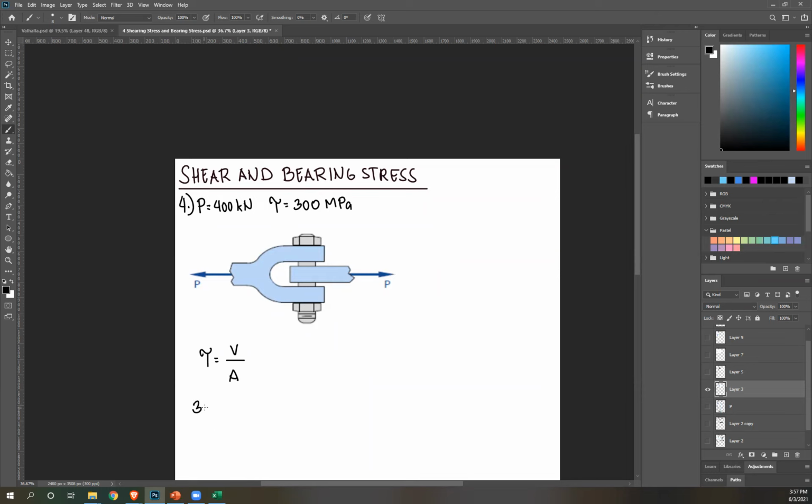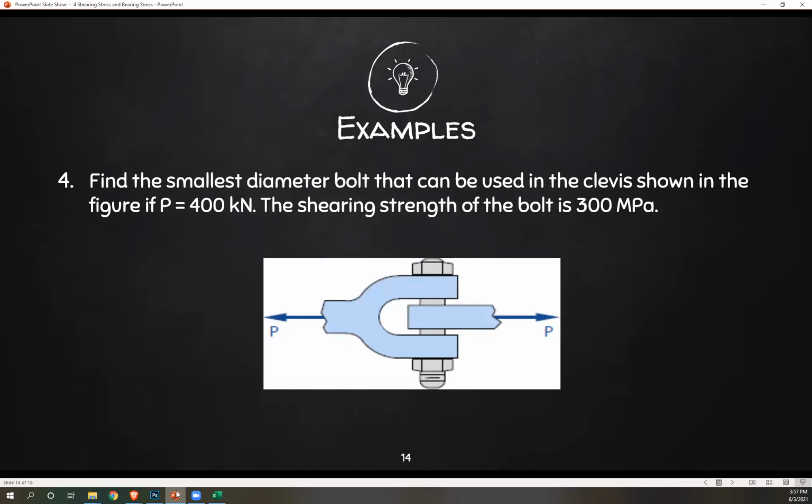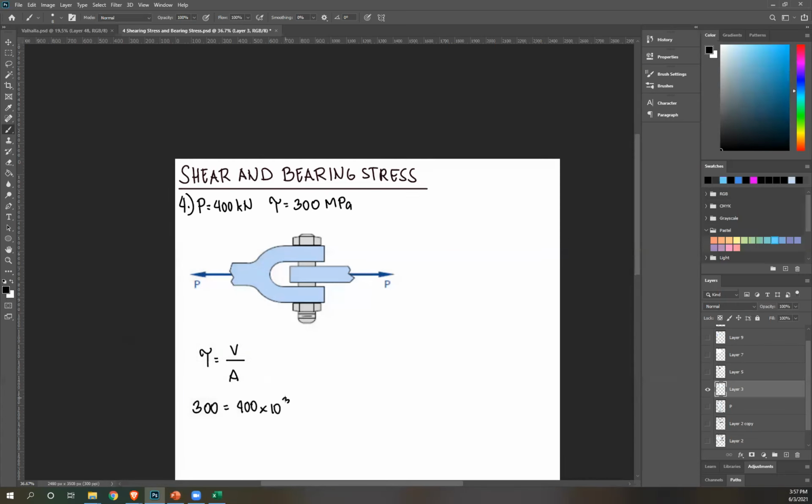So 300. Our force is in kilonewton, 400. So we need to convert that into Newton. So 400 times 10 raised to 3, converting kilonewton to Newton.